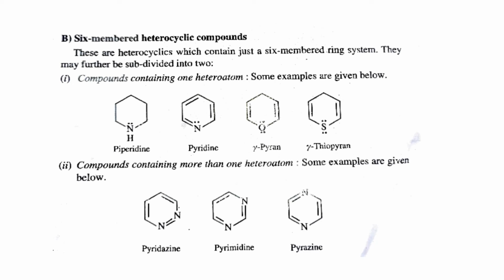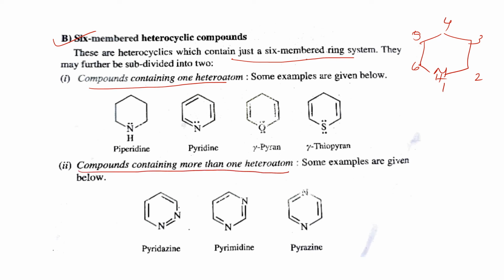Next are the 6-membered heterocyclic compounds, that is, which contain just a 6-membered ring system. Consider this one, that is 1, 2, 3, 4, 5, 6, which is again subdivided into compounds containing one heteroatom, and the second one is compounds containing more than one heteroatom.